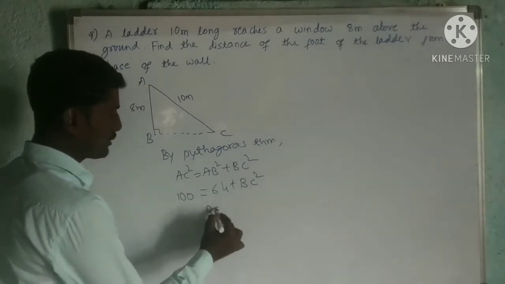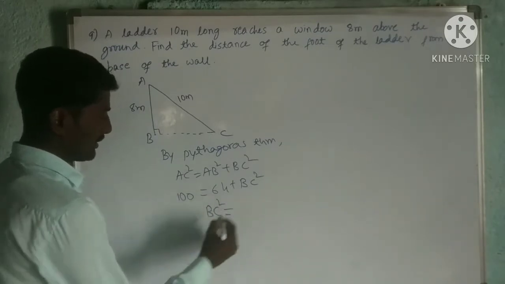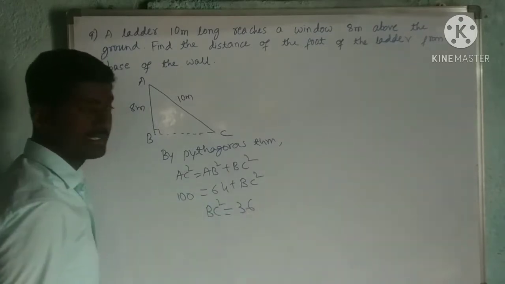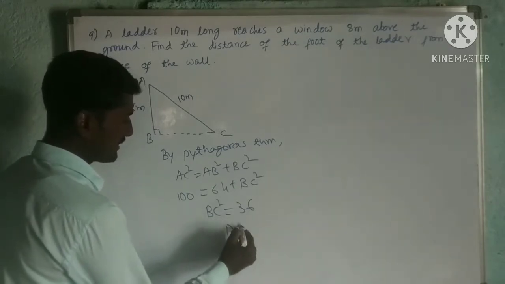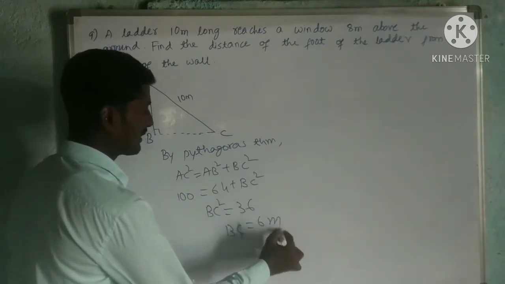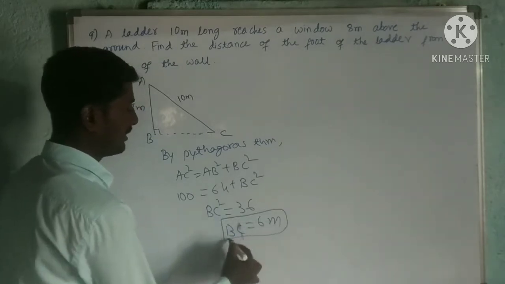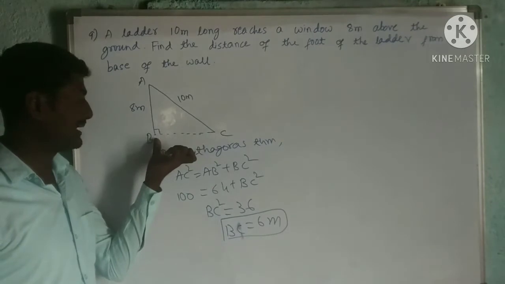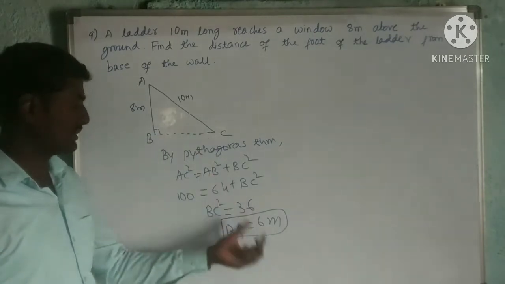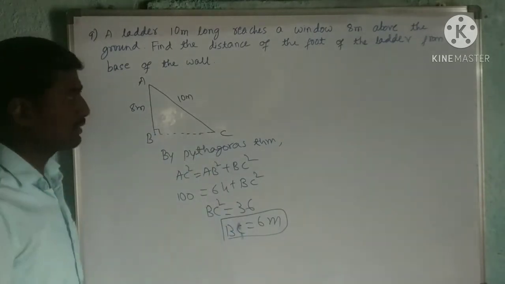Now BC square is equal to 100 minus 64, that is 36. Now I want BC, that is 6 it is. 6 meter. Means the length of the foot of the ladder from the base of the wall, that is how much it is? 6 meter.